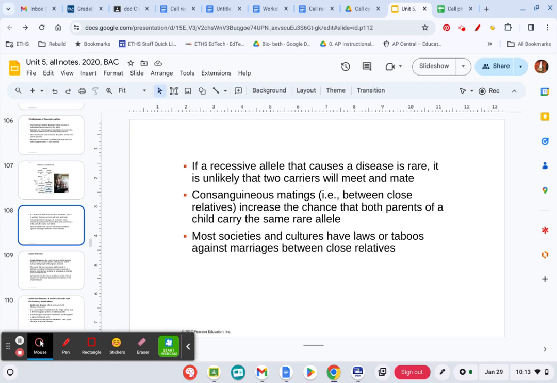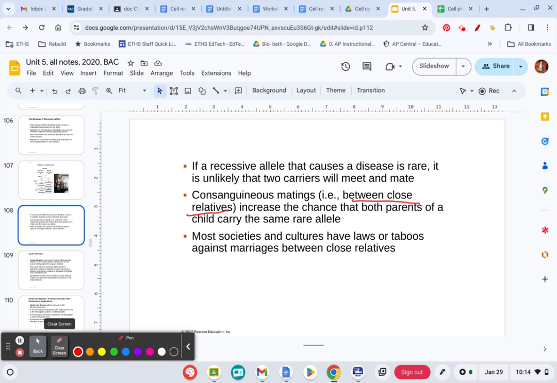It's not very likely that we'll come across an individual with the same rare recessive alleles. When that does happen, it's usually because you are fairly closely related, like cousins, or brother and sister. It's very likely that you have the same recessive alleles, and if you had kids, your kids could suffer from that.